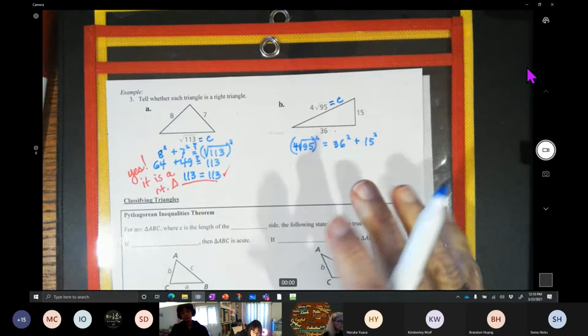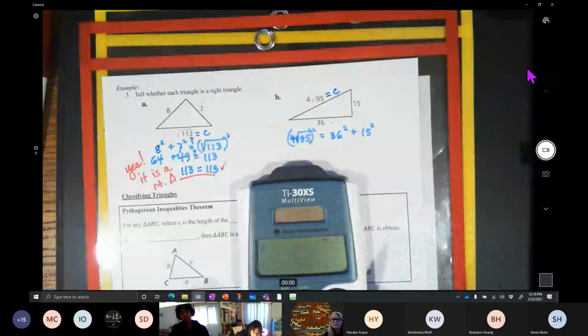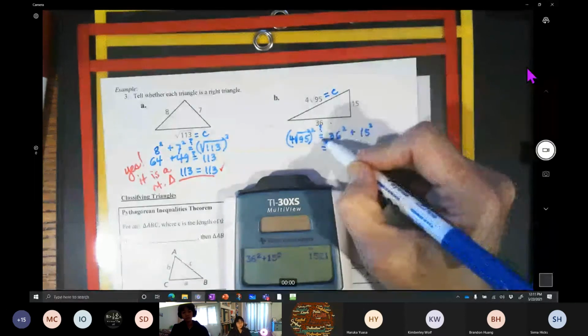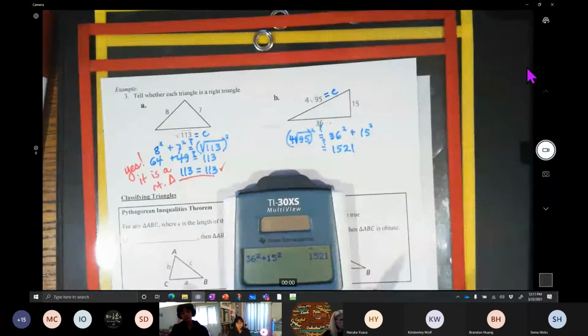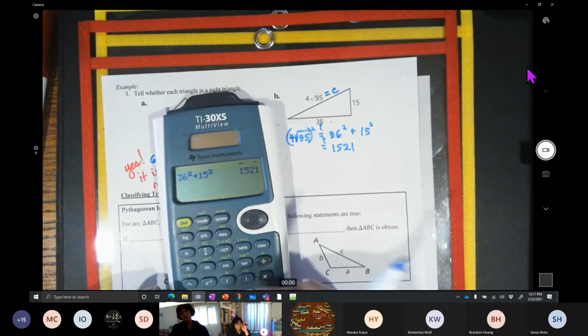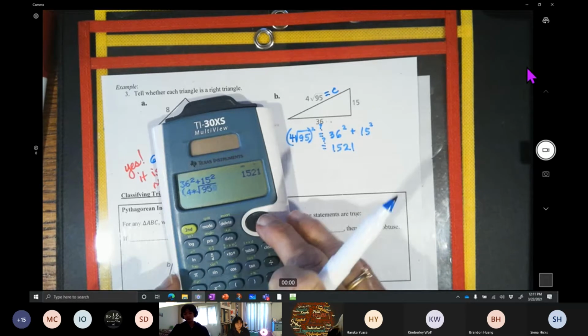Now, I don't know what all these numbers are, so I'm going to grab my calculator. Okay, so 36 squared plus 15 squared. I'll do the right side first. This is 1521. And now this one is going to be 4 times the square root of 95, and then I'm going to end my parentheses.